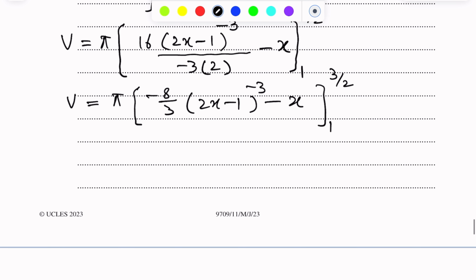Now we will apply here the limits. First we will apply the upper limit, then lower limit.